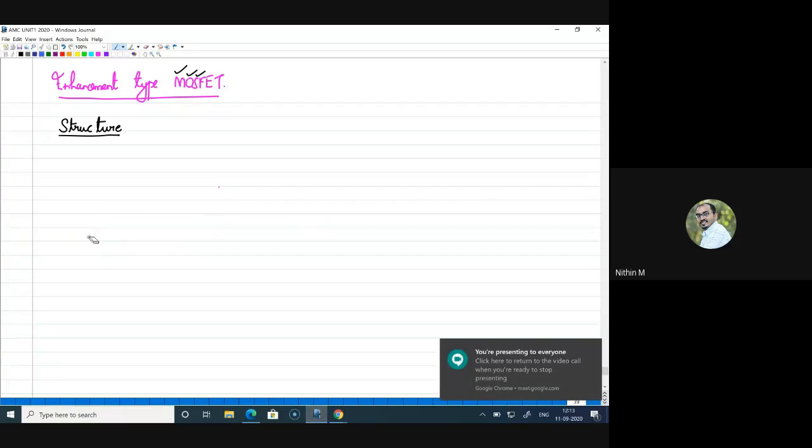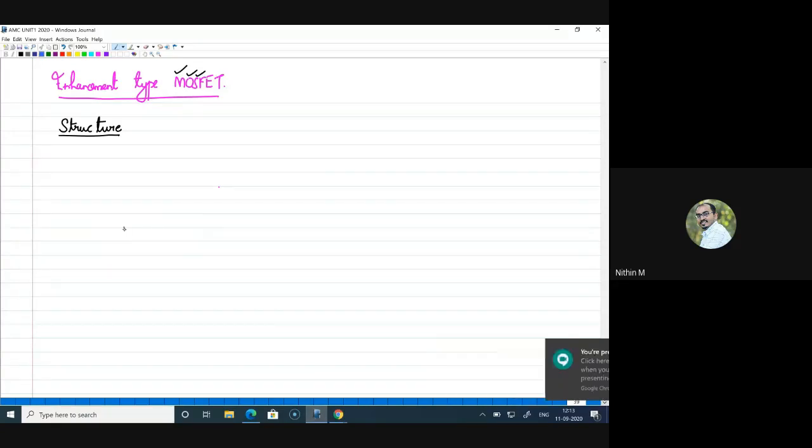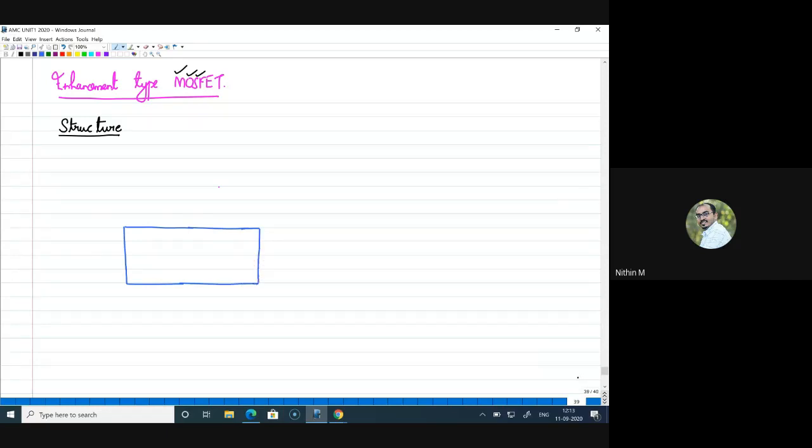Right. So we start with the semiconductor layer. And generally we call this semiconductor as substrate.